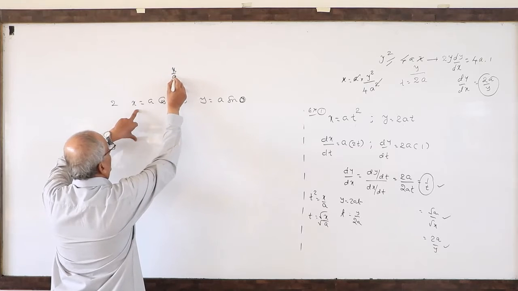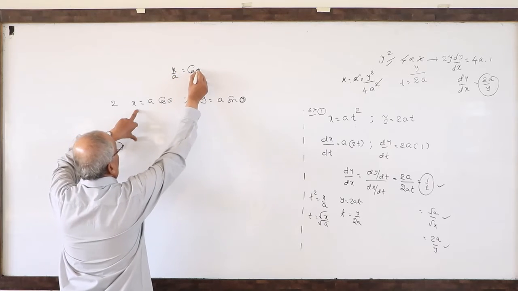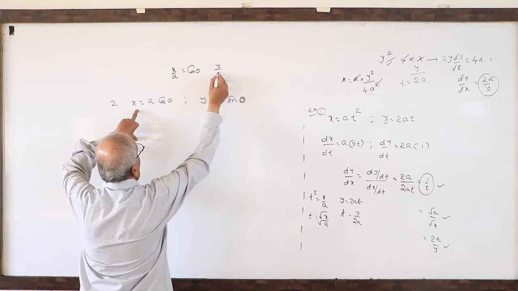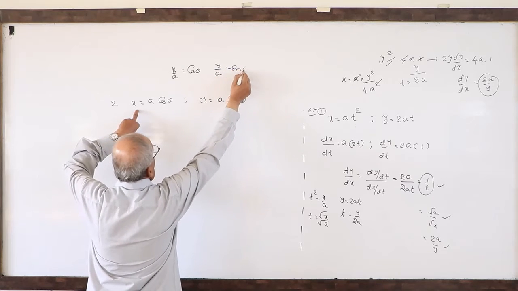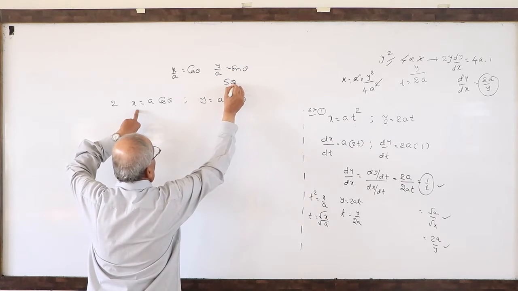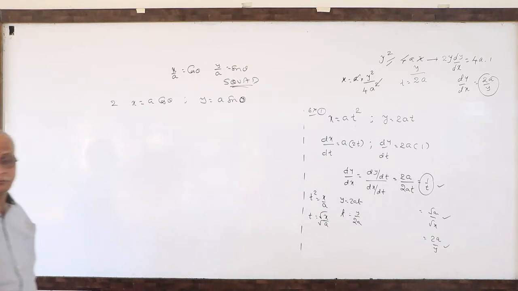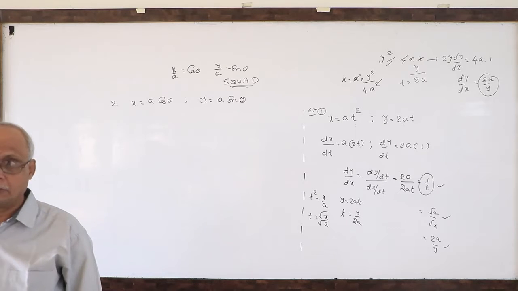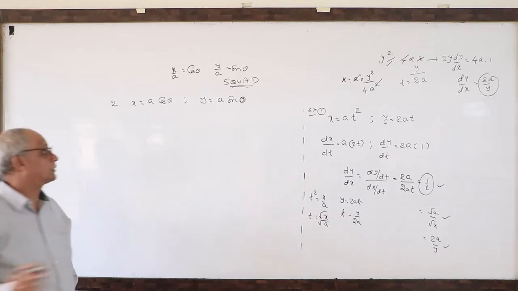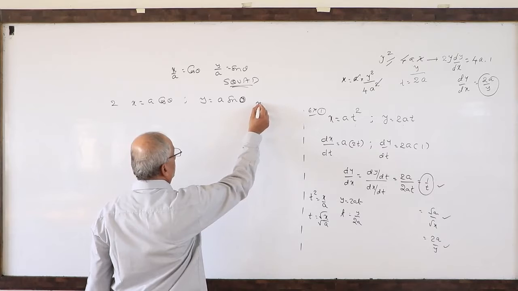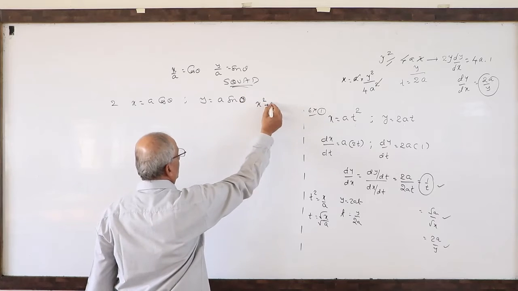x by a is cos theta, y by a is sin theta. How to eliminate theta here? Squaring and adding, what will you get? x squared by a squared plus y squared by a squared is 1.